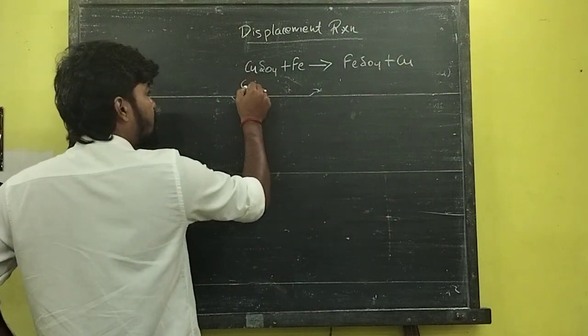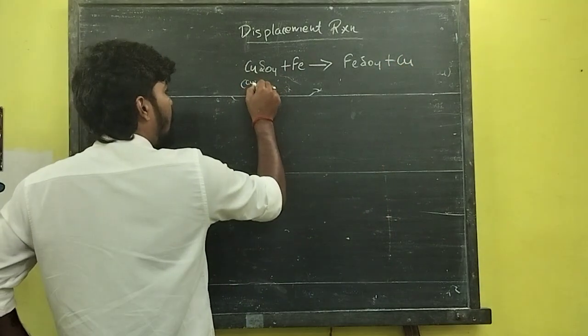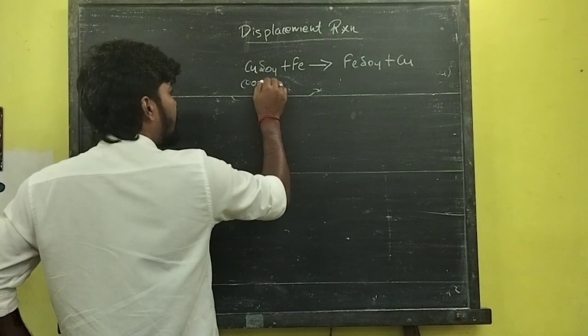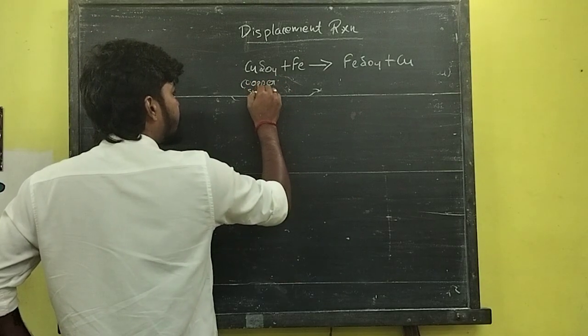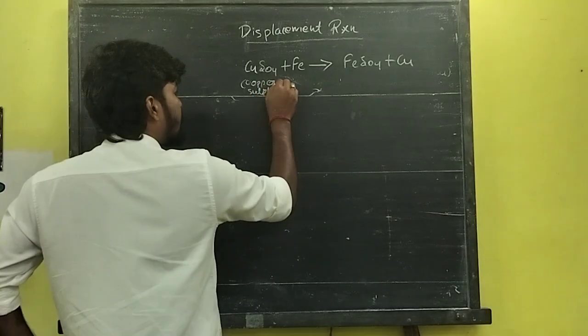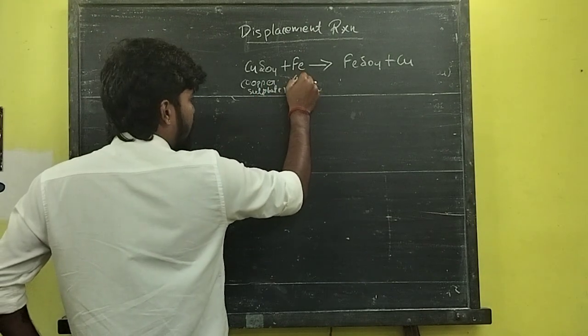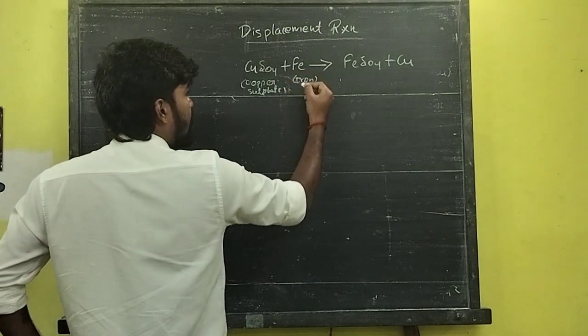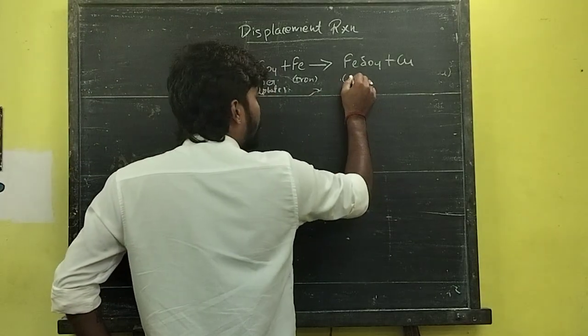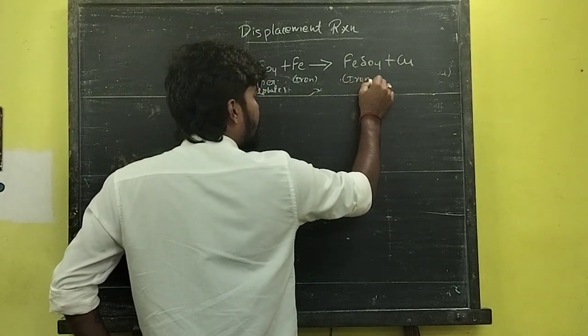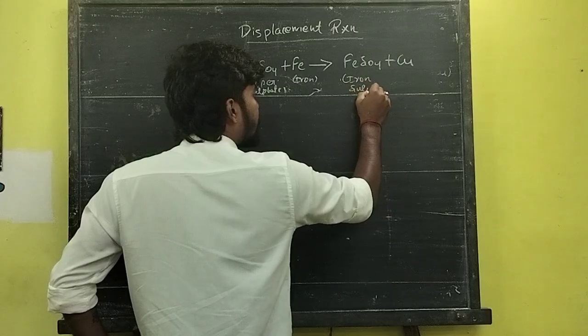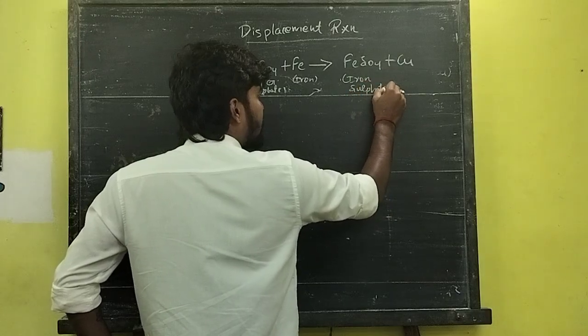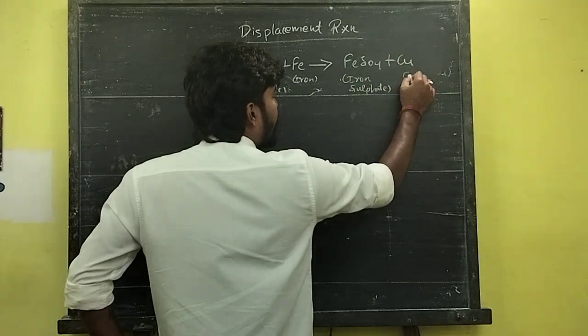Here CuSO4 is nothing but copper sulfate, and Fe, obviously you know, is iron, and the product formed here is iron sulfate, or ferrous sulfate, and copper.